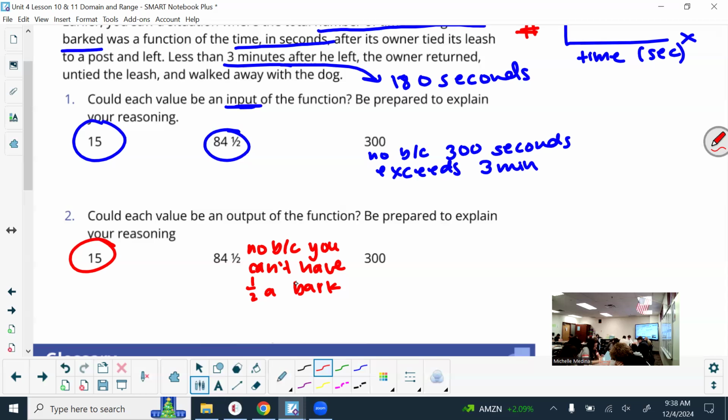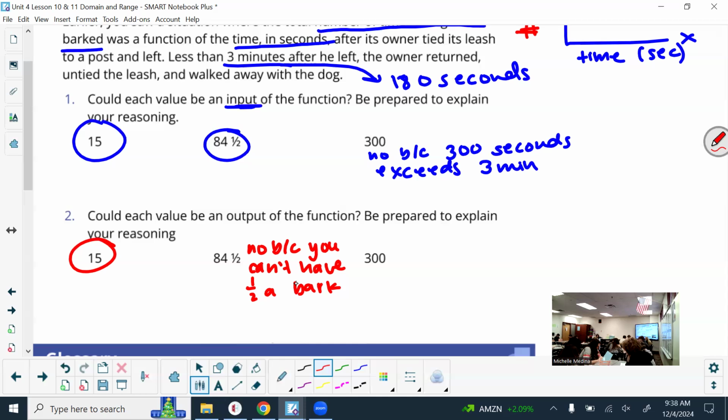Way too many times for 3 minutes. Okay, that's a matter of opinion. I don't necessarily think it'd be that unreasonable. Some dogs bark multiple times in just 1 second. So I don't think 300 is so high that it's impossible.